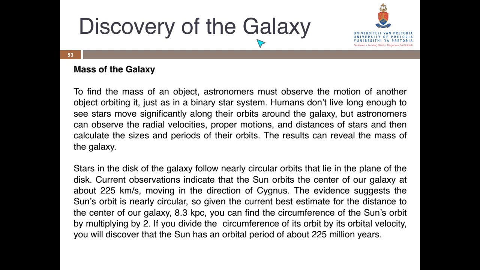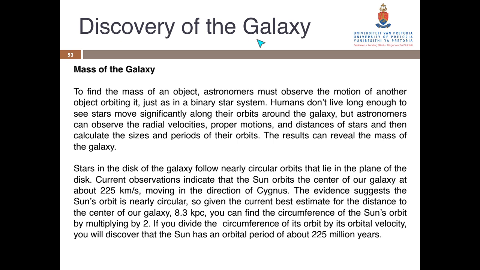Humans don't live long enough to see stars moving significantly along their orbits around the galaxy. But astronomers can observe the radial velocities, the proper motions and distances of stars, and then calculate the sizes and periods of their orbits. The results can reveal the mass of the galaxy. Stars in the disk of the galaxy follow nearly circular orbits that lie in the plane of the disk.